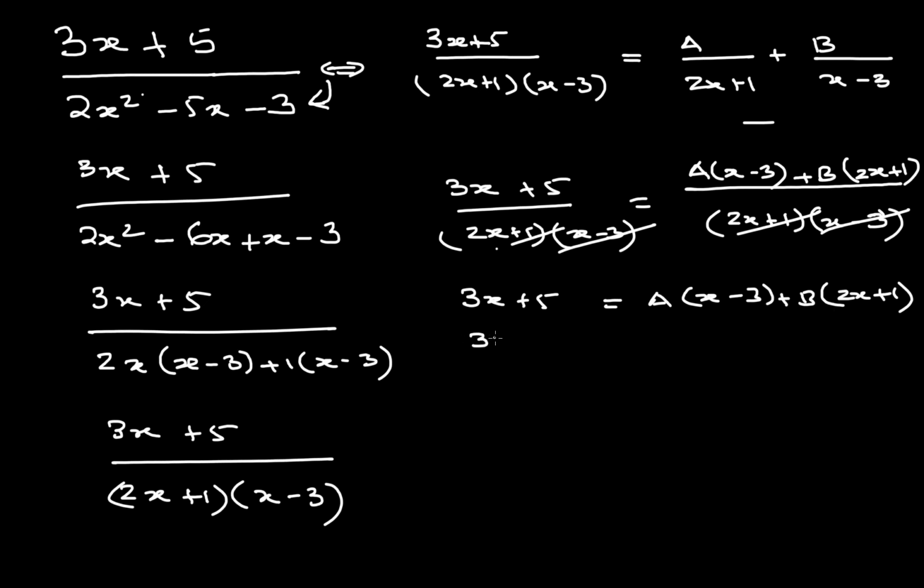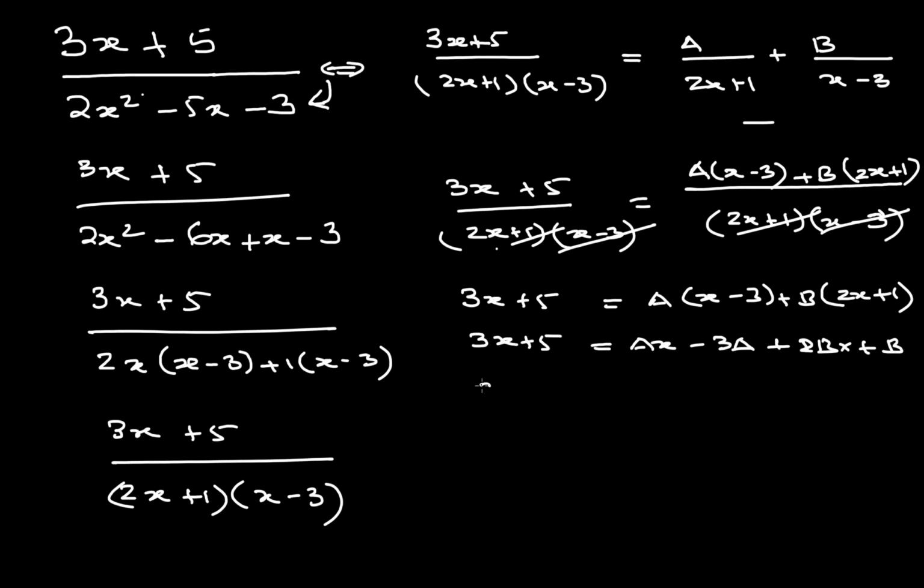So now I can continue with this straight away. I'll expand this, so it will be ax minus 3a, then plus 2bx plus b.